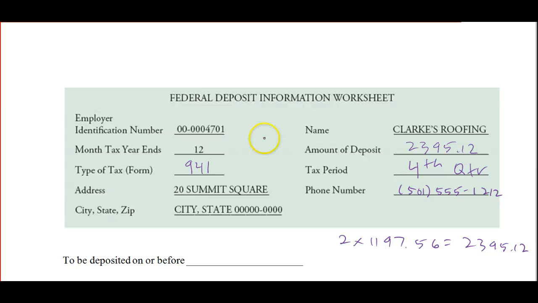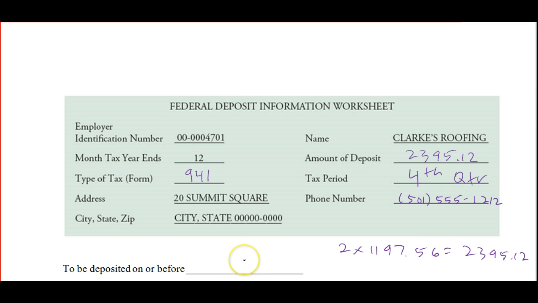So when we're filling it out for October's payments, it's a 941 form, and the amount of the deposit is for 2 pay periods. So 2 times 1197.56, because that's what the liability was for just 1 pay period, gives you the 2395.12, and it's for the fourth quarter, and then we put the phone number in.